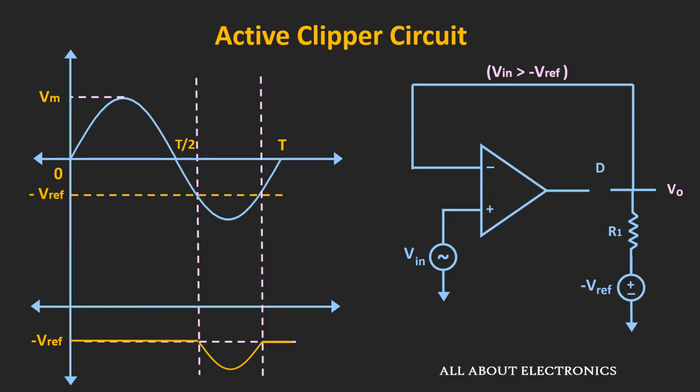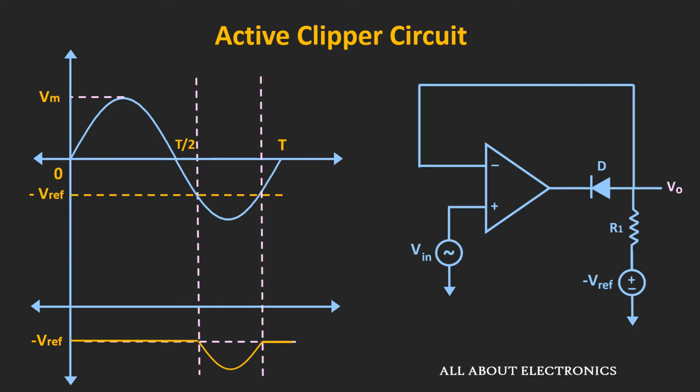So in general, if we see the output waveform of this active clipper circuit, then it will look like this. That means this circuit will clip any waveform which is greater than the minus V reference. So in general we can say that whenever the diode is connected in this fashion, then the circuit will clip anything which is above the reference voltage.